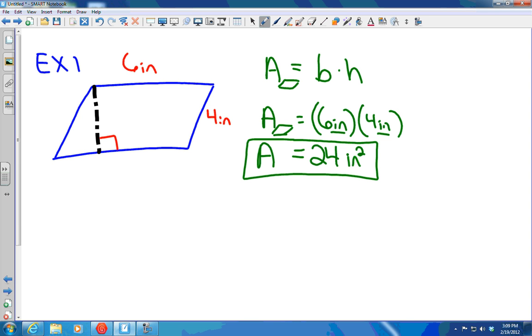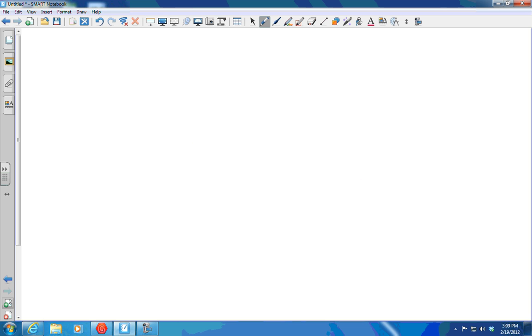All right, let's call this example 2. Let's try one where we have the area and we want to find the base of a parallelogram.